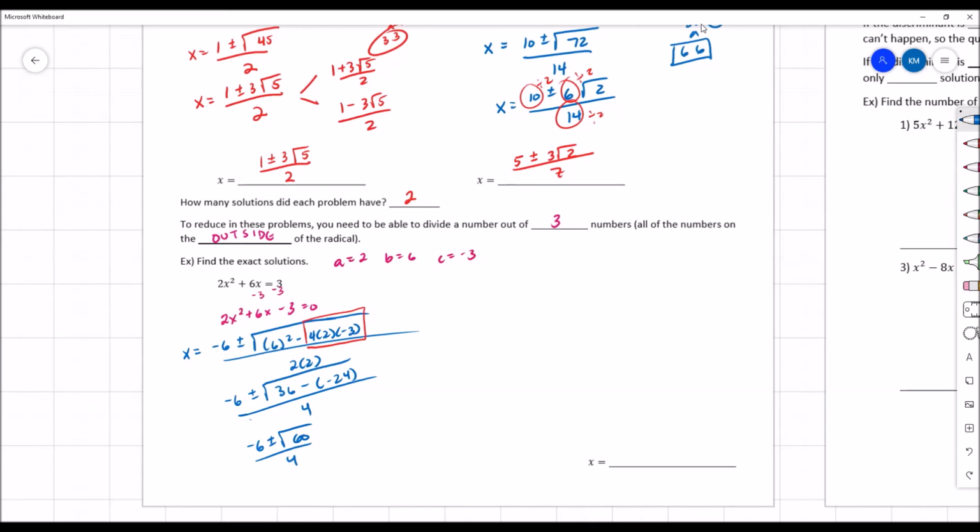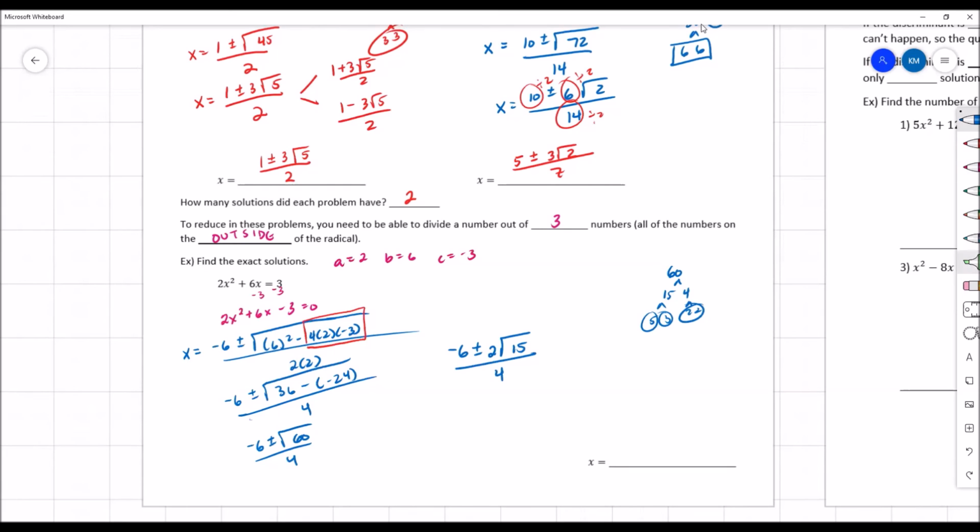So look at 60, I'm going to break that down. 60 goes into 15 and 4, 2 and 2, 5 and 3, all prime. So I have 2 radical 15. So then here I have negative 6 plus or minus 2 radical 15 over 4.